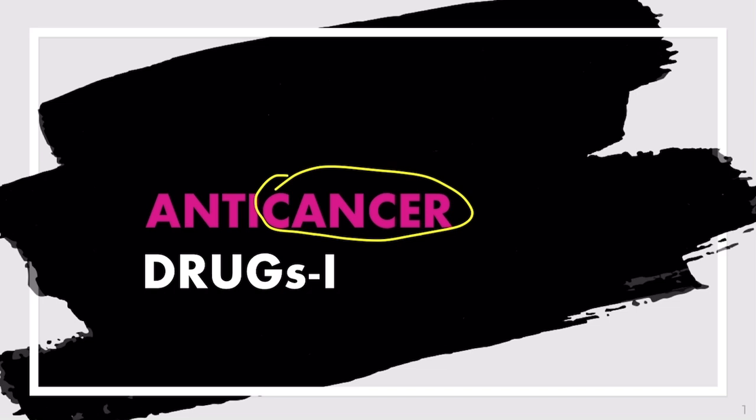So all of you know there occur many cancers or carcinomas from head to toe, and there are many drugs in this chapter. And all of you know that treatment of cancer is mainly surgery or radiotherapy or chemotherapy or immunotherapy.